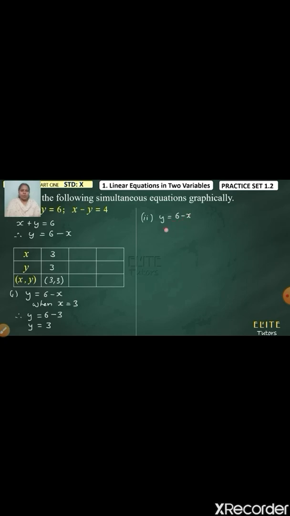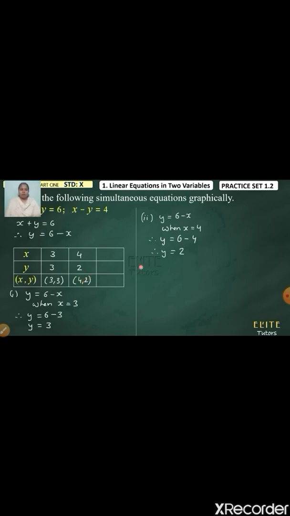So y will be equal to 6 minus 4 and that comes to 2. So we have got the ordered pair as x is equal to 4 and y is equal to 2. We need to write and complete that in the table. So the calculation is y is equal to 6 minus 4. So that comes to 2. So complete the table: 4 comma 2.